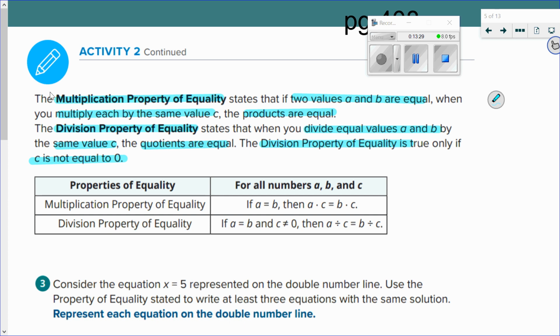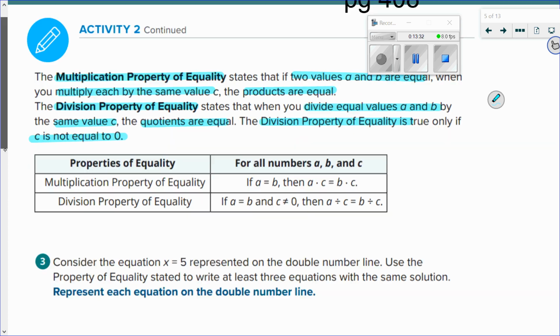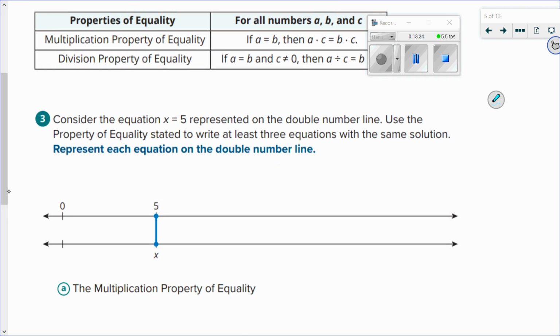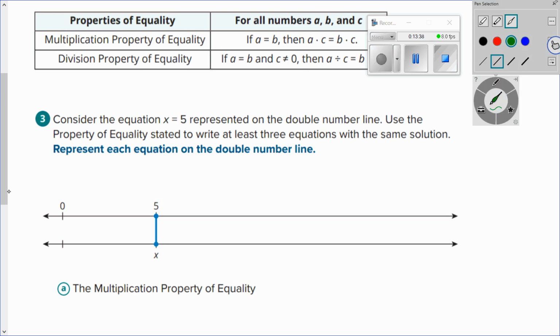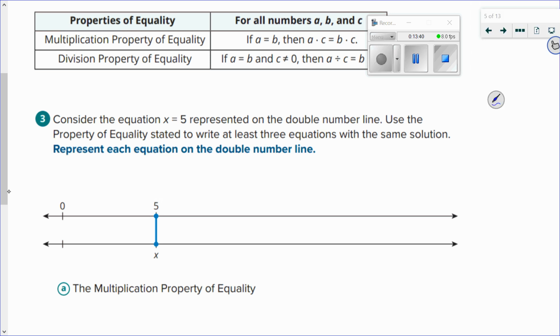Okay? So we're going to take a look at these and do the exact same thing we've been doing with the addition and subtraction properties. Okay? So if I have my equation x equals 5 represented on the double number line, use the property of equality stated to write at least 3 equations with the same solution.